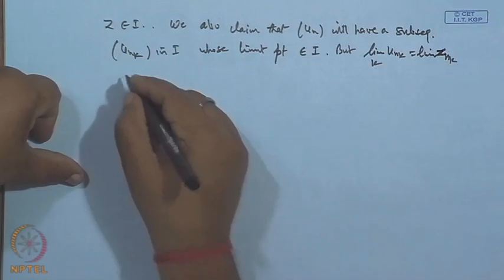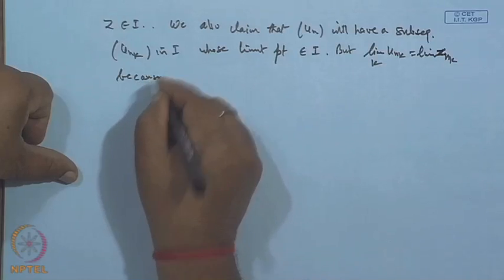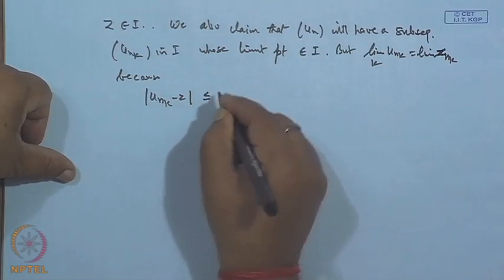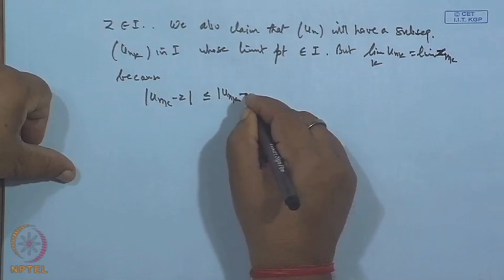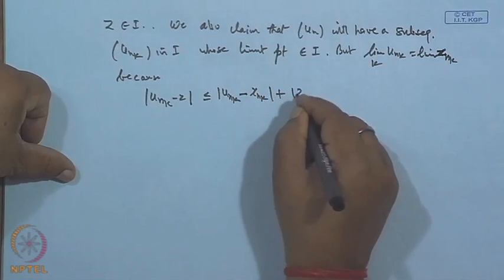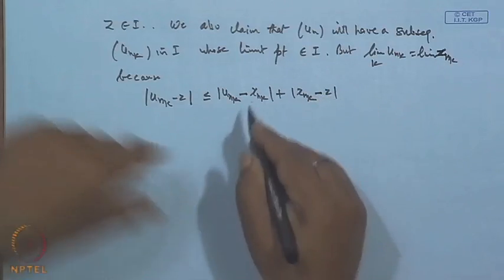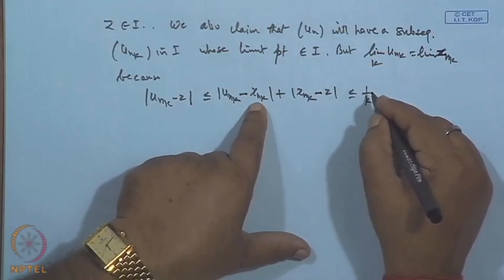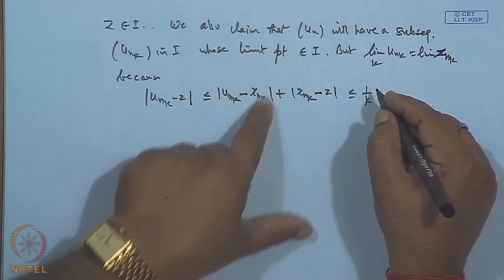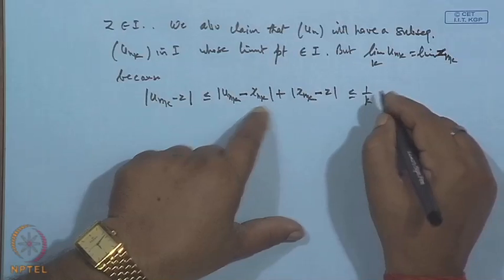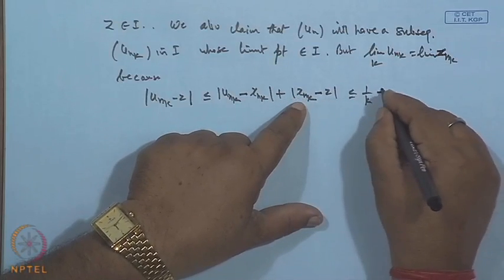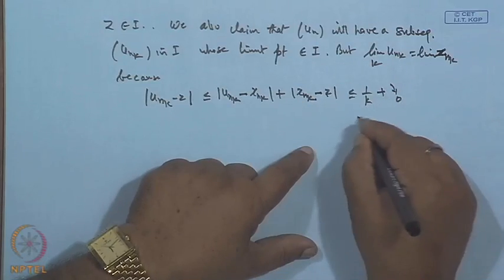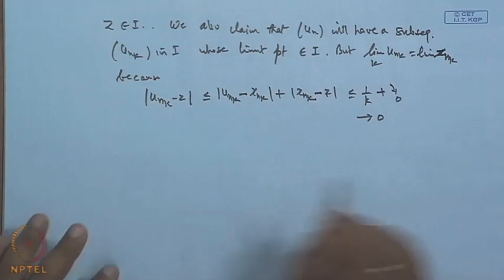The reason is that if I consider u n k minus z, this can be written as u n k minus x n k plus x n k minus z. Now, the first term is less than the chosen neighborhood bound by the condition we are choosing, and the second converges to z, so it goes to 0. So the total tends to 0. Therefore, both will have the same limit point.